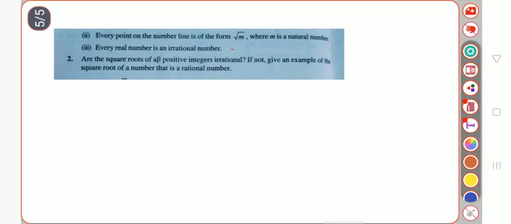It is saying that the square roots of all positive integers are irrational. If not, give an example. So definitely it is incorrect. Suppose 9 is a positive integer, but the square root of 9 is 3, which is not irrational, it is a rational number.